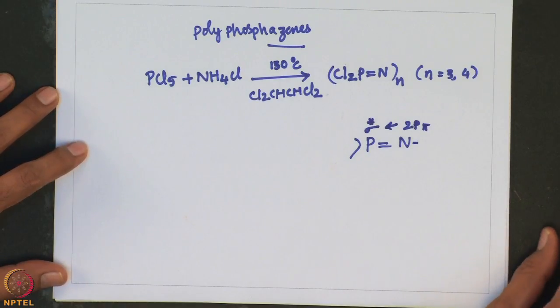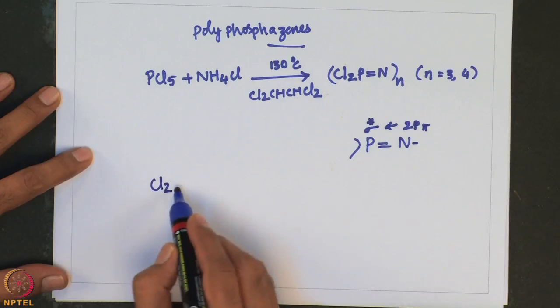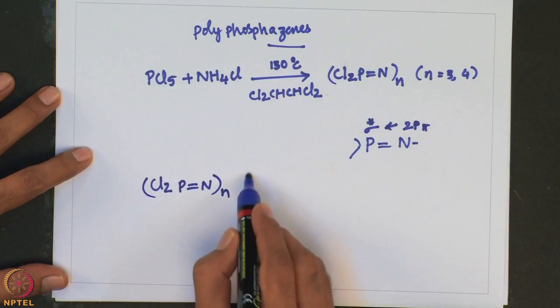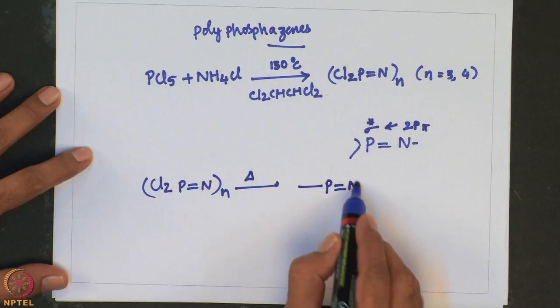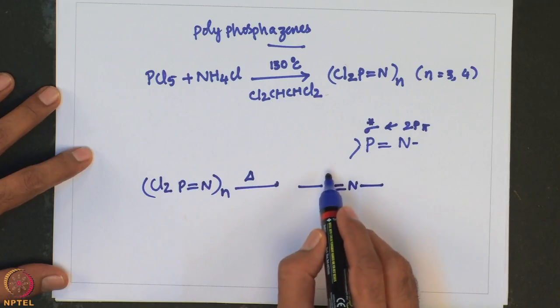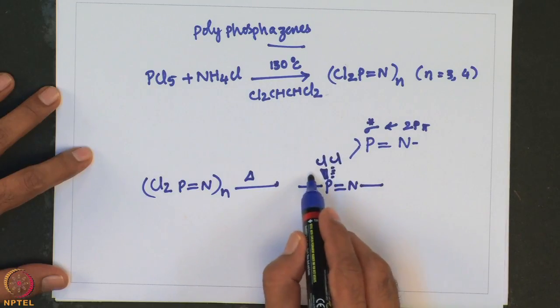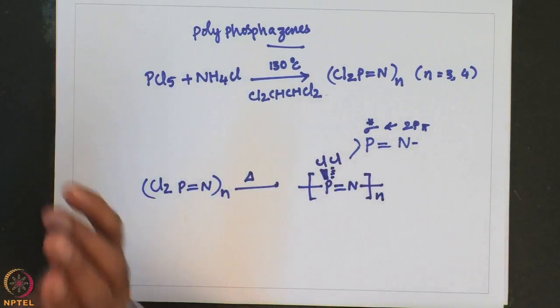Okay. So, this triphosphazene or tetraphosphazene on further heating gives a polymer of this type. That means when the cyclic trimer is heated more strongly, it polymerizes, forming a rubbery material.